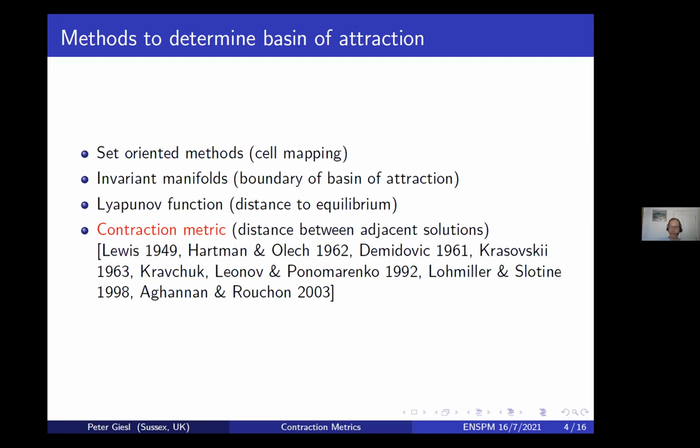And today I want to talk about contraction metrics, and that is measuring the distance between 2 adjacent solutions, and this distance should decrease. So the idea is if the distance between 2 solutions will get smaller and smaller, they have the same long-term dynamics, and under some additional assumptions, these long-term dynamics will be an equilibrium point. And that idea goes back to at least the 1950s, so it has a long history.